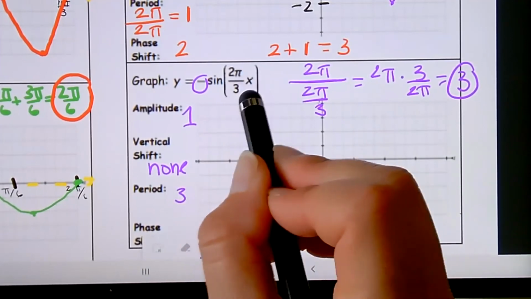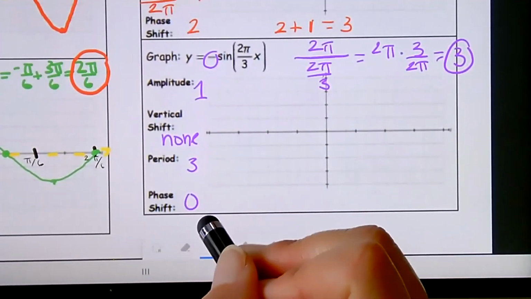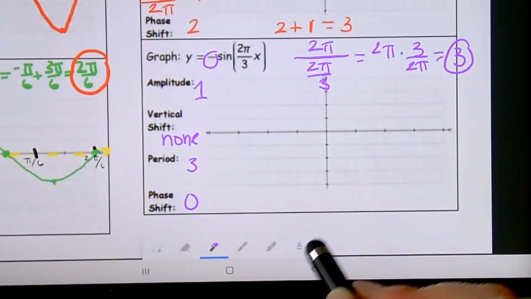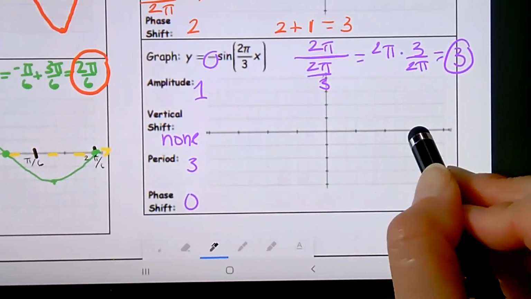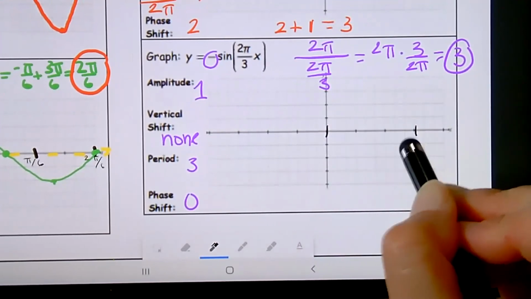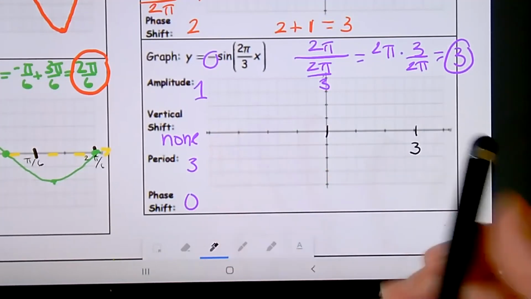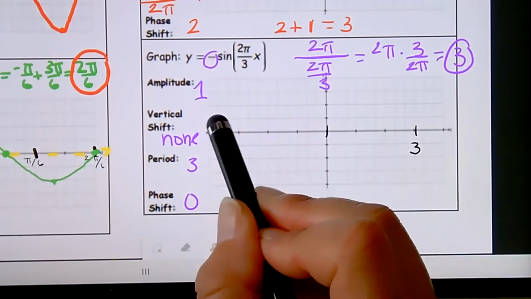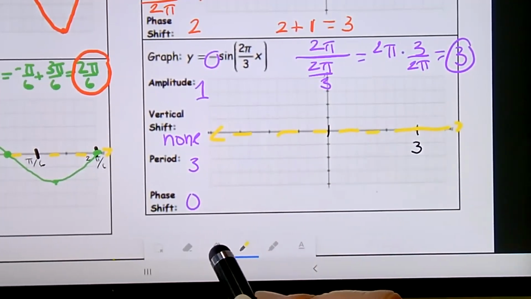What makes this 0? 0. So I'm going to be starting at 0 and ending at 3. I'm going to start here at 0 and end here at 3. My vertical shift was none, so I'm going to be here on my x-axis.